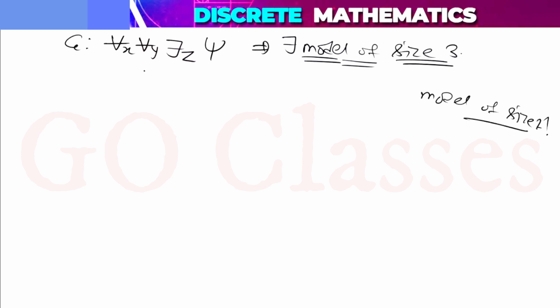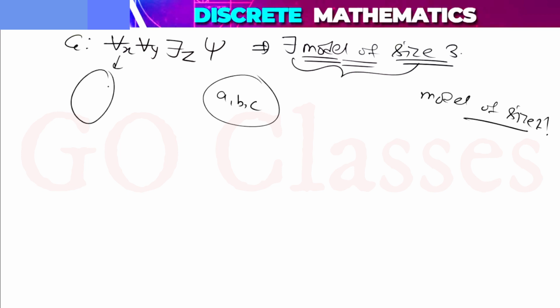Now, you can just take 3 elements. He is saying that there exists a model of size 3. Let's assume this is the domain A, B, C. He is saying that for all x, for all y, there exists z.